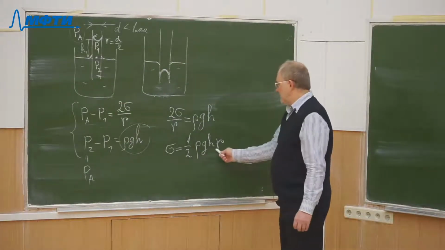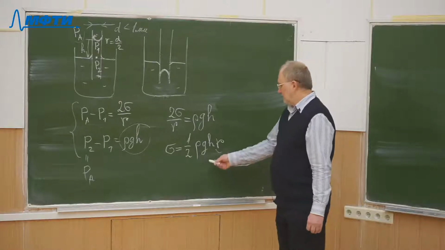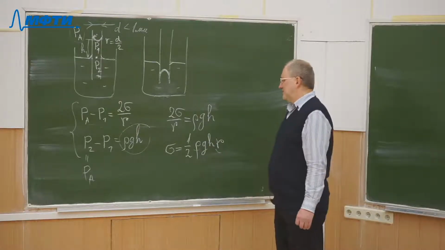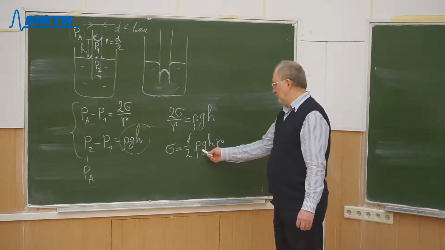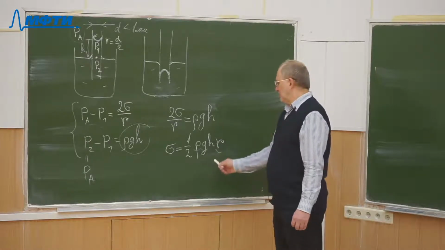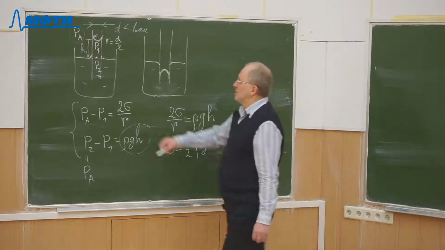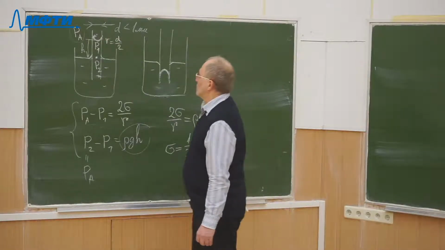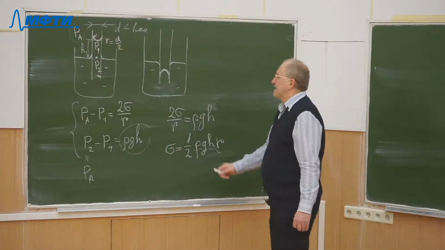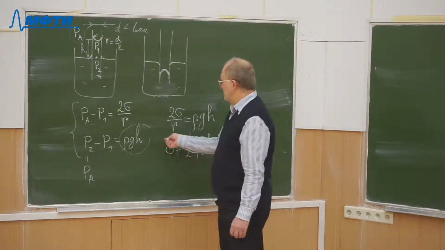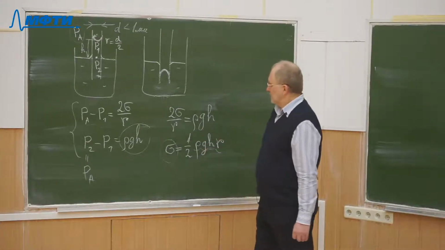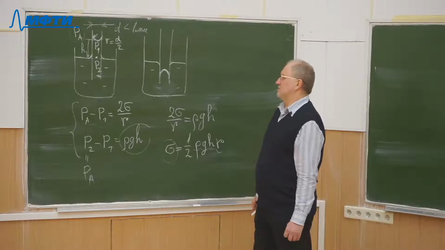If we know the radius of the capillary tube, and we certainly know the density of liquid and the acceleration of free fall, the only thing remaining to measure is the height of this water column. If we measure this height, then we can calculate the surface tension of the liquid.